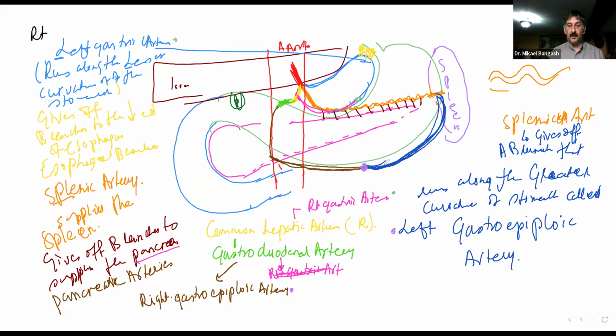But your left gastroepiploic artery was a branch of the splenic artery, which was a branch of the celiac trunk. Your right gastroepiploic artery is a branch of the gastroduodenal artery, which is a branch of the common hepatic artery, which is a branch of the celiac trunk.